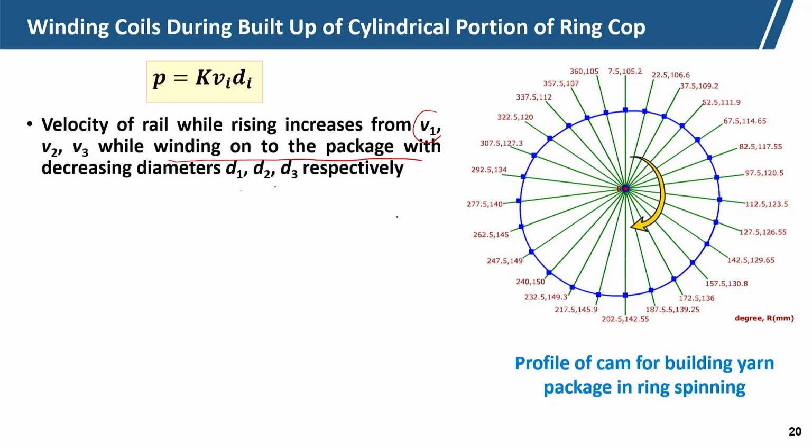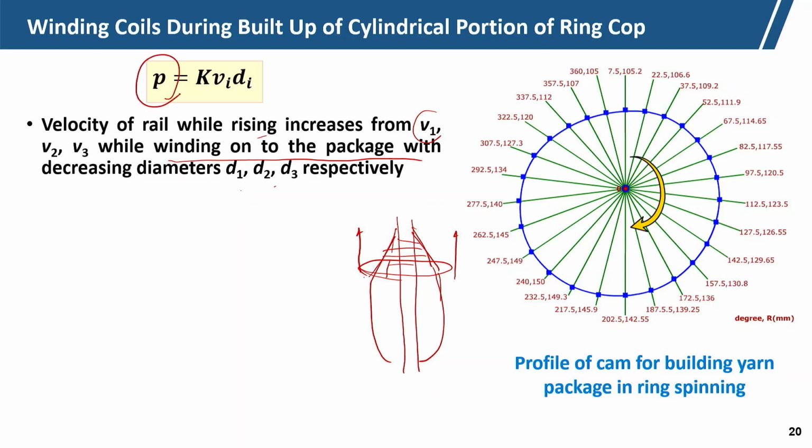So, if we draw the package, this is the package and the ring rail is at the base of the traverse. When it is moving upward, the bobbin diameter is decreasing. So, velocity has to increase while moving upward to keep the pitch constant.